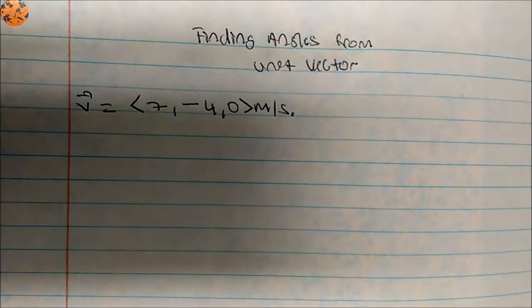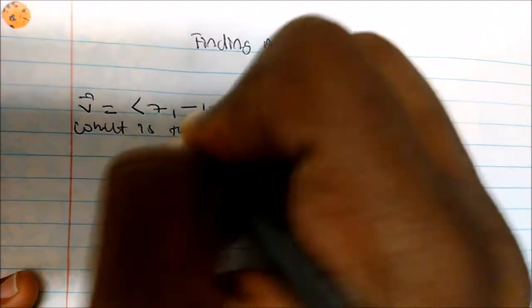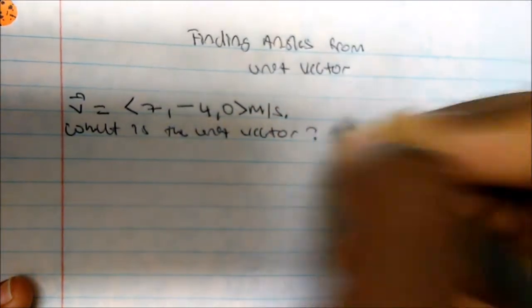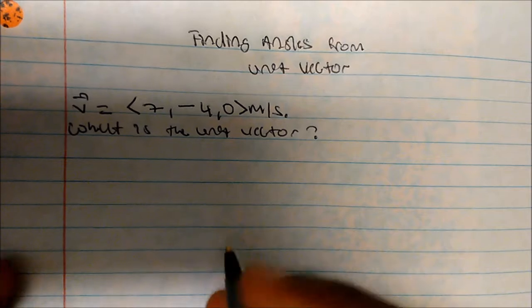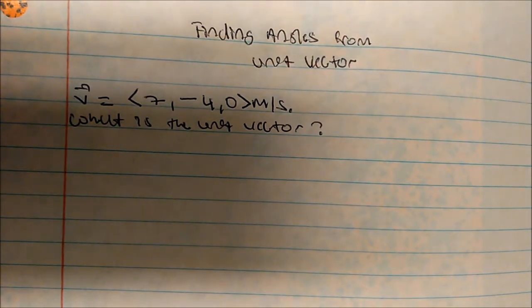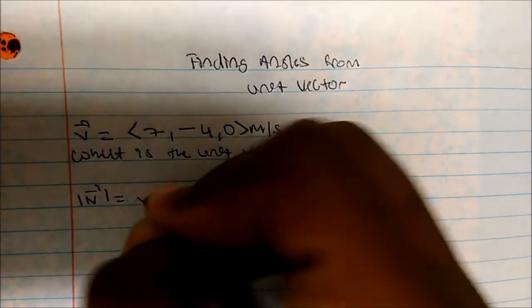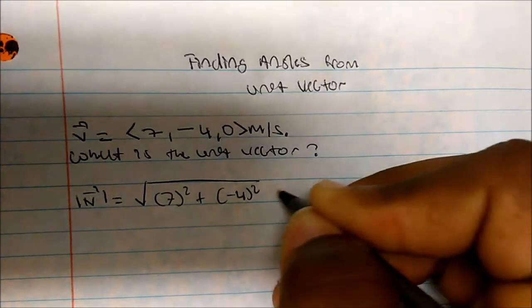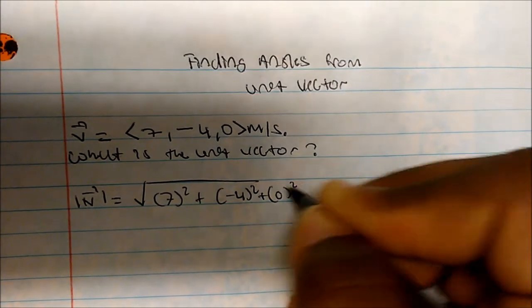My question is, what is the unit vector? Well, we're given a vector, so we have to find its magnitude. If I take out my calculator, the magnitude of the velocity will be the square root of 7 squared plus -4 squared plus 0 squared.